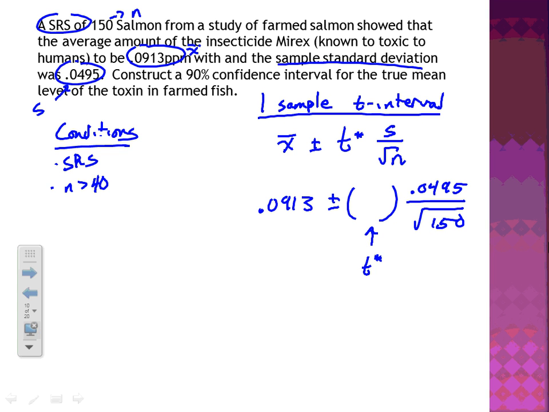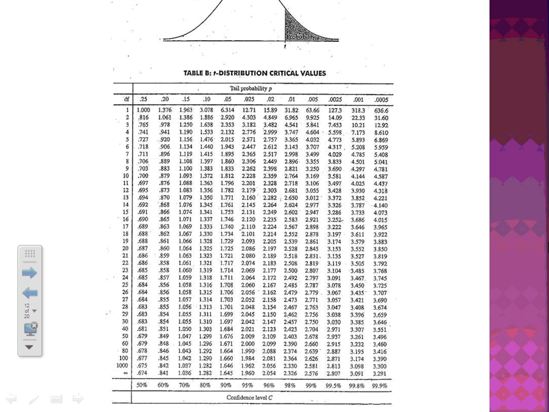Well, right now, because there's 150 salmon, we know the degrees of freedom is 150 minus 1. Tricky math here, 149. If you'll go to the table, that's probably our best bet. So here is a t distribution. The issue for us is you see right here on this left-hand side, there's degrees of freedom.